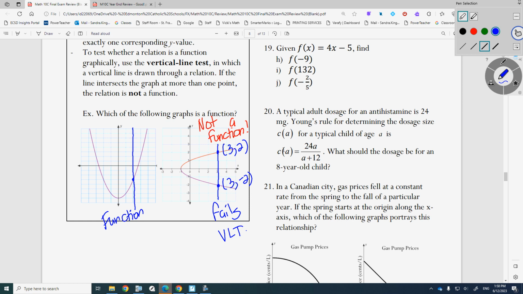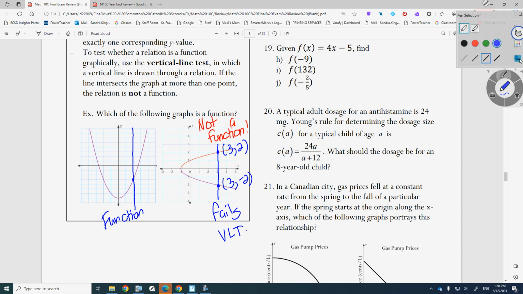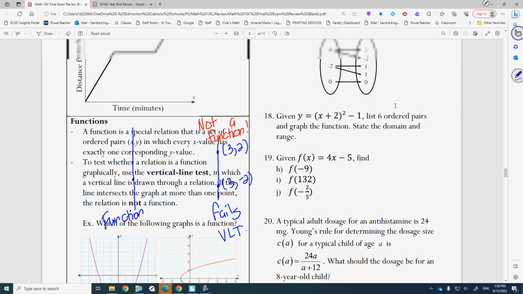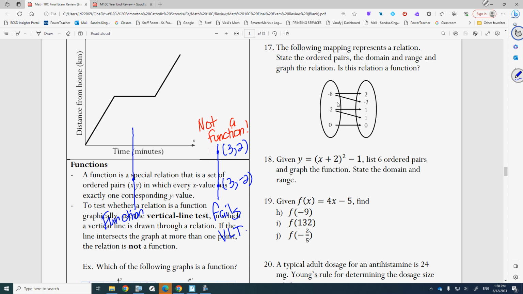So how you could see it without giving you a graph is I could give you something mapped like this. And I could say, is this a function or not a function? Jesse, what would the answer for this be? Not a function. The reason is it's going to fail here and fail here.